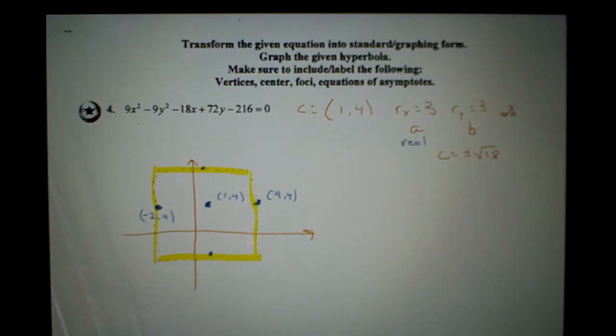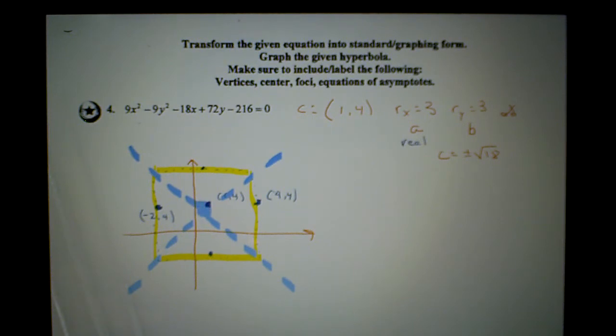And I've done that because I said I wanted you to sketch the slant asymptote through the center and through the diagonals of your rectangle. Through the center.